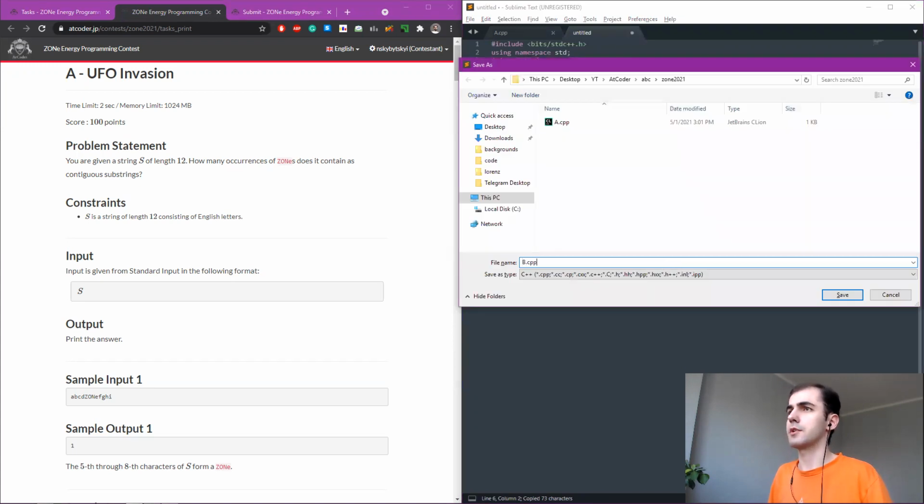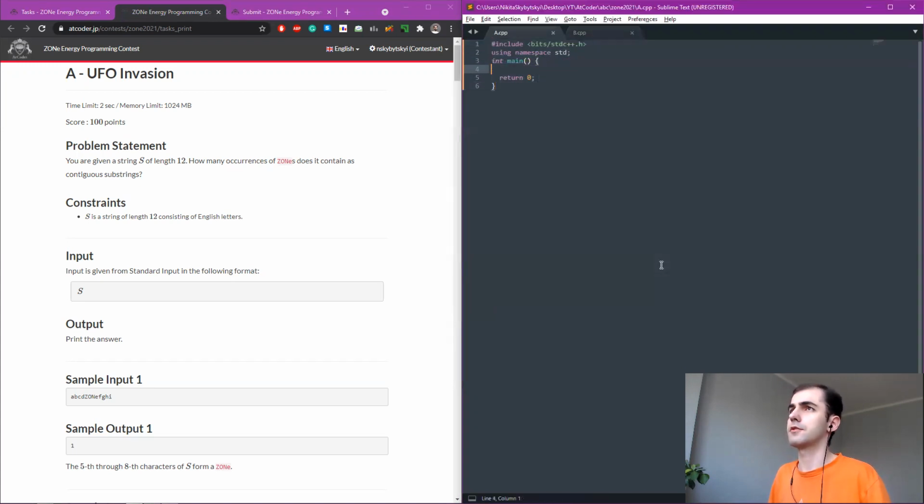Let's also copy it to the rest of the files just so that we don't have to type it again. Blue, typically type it like this for contests, right? Just in case, no.